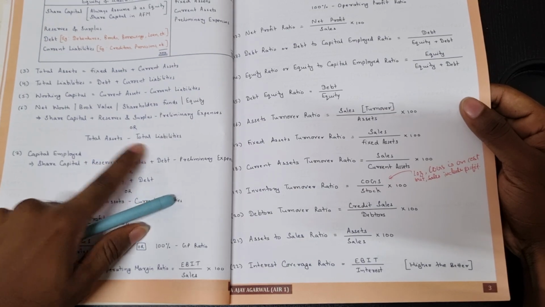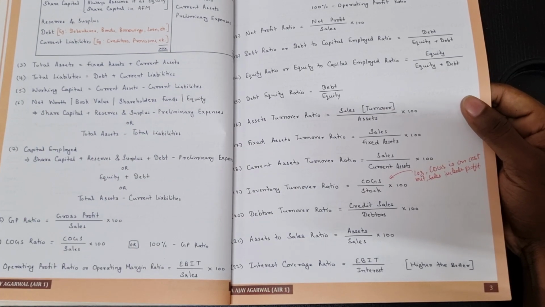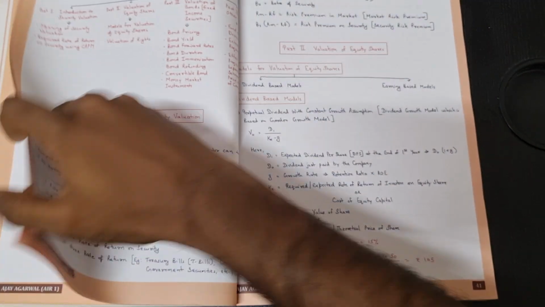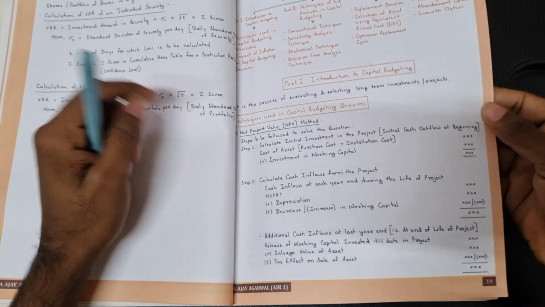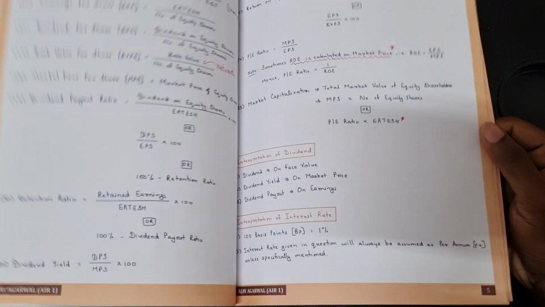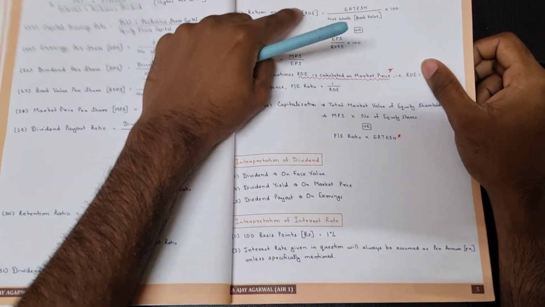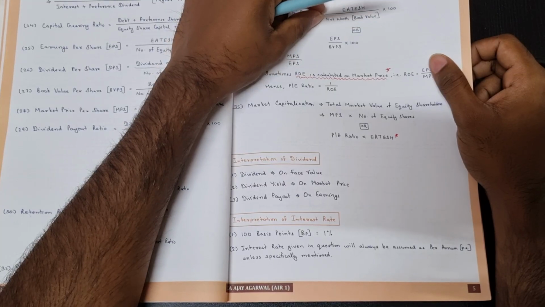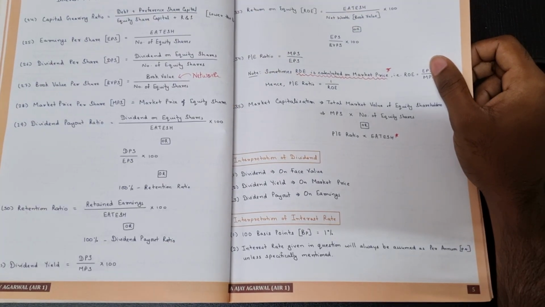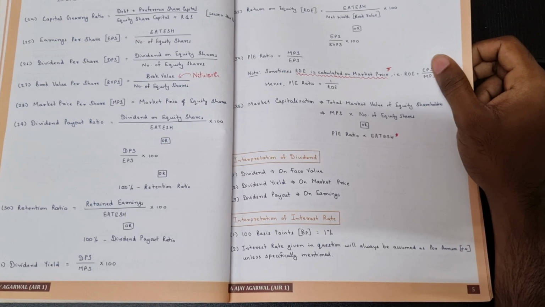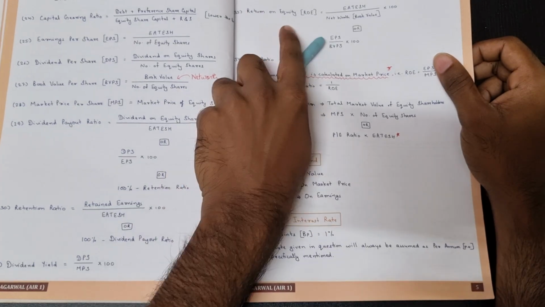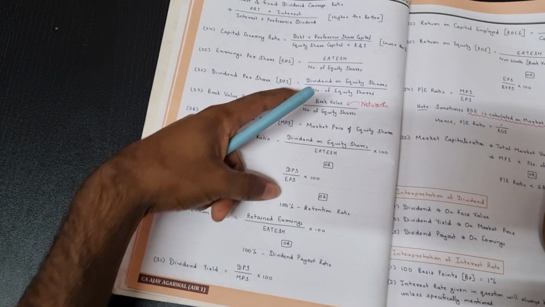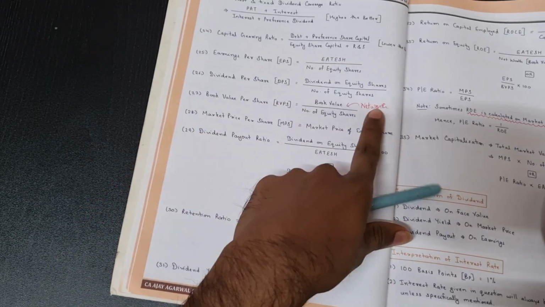You have to subtract it, then you will get net worth. So what is return on equity? It is earnings available to equity shares divided by net worth, and this is on the total base. If you want to take it on a per share basis, then we'll do EPS divided by book value per share. What is book value per share? Book value divided by number of equity shares. What is book value? Net worth.